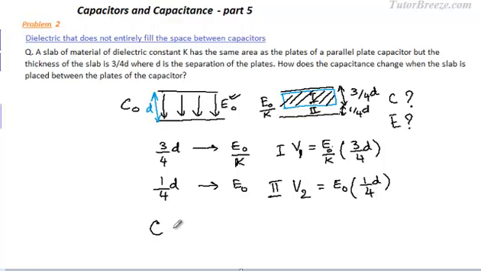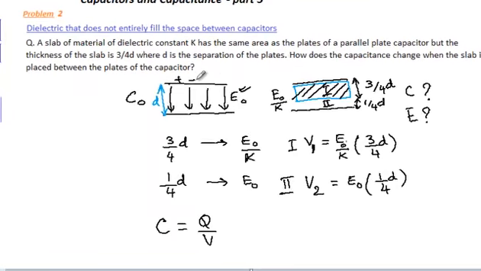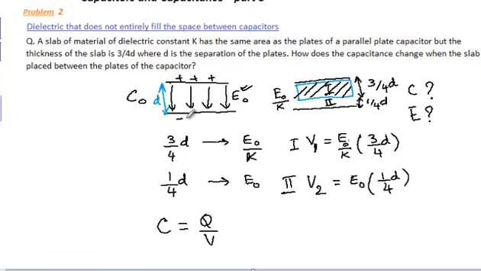The new capacitance C will be a ratio of the charge to the voltage. Now say there is a particular charge Q which is present on the two plates of the capacitor. Now when you introduce the dielectric between the plates of the capacitor, the charge Q will not change because this is not connected to any voltage source.